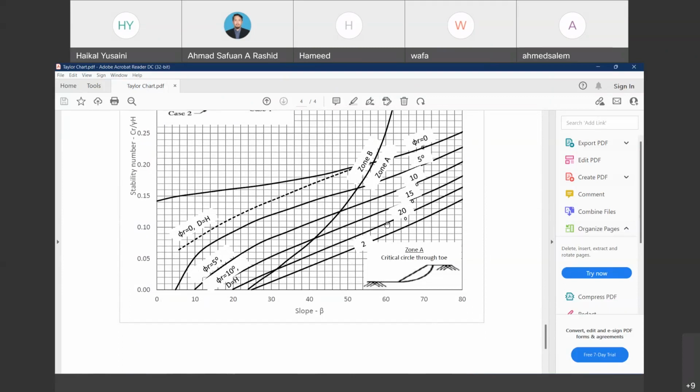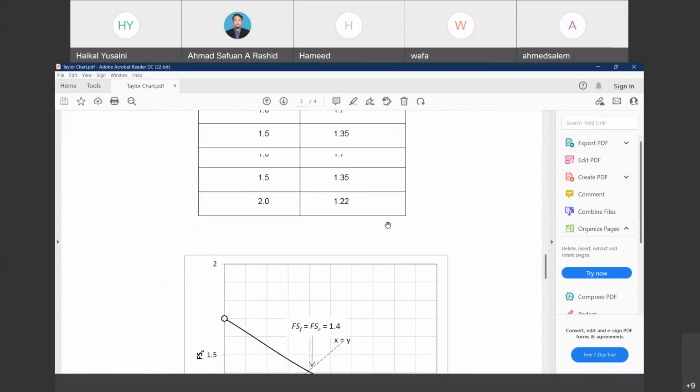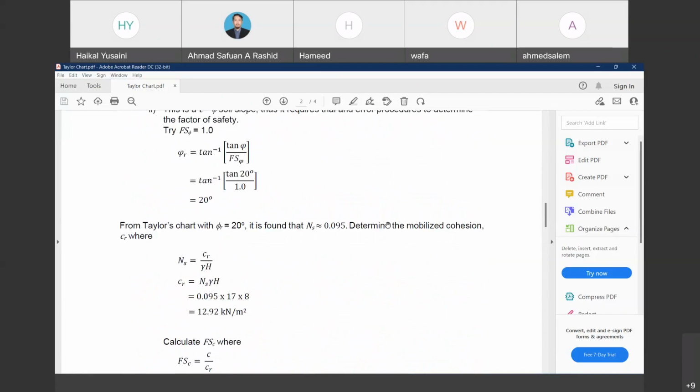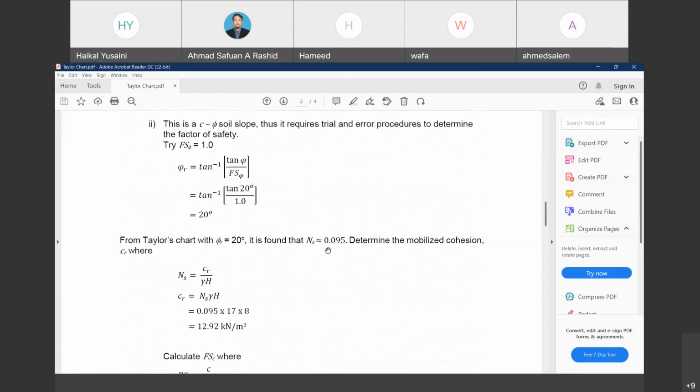For this case, the stability number is around 0.10 something, so 0.095. When we use 0.095, we multiply with 17 and then multiply with 8. Then we obtain CR equal to 12.92.